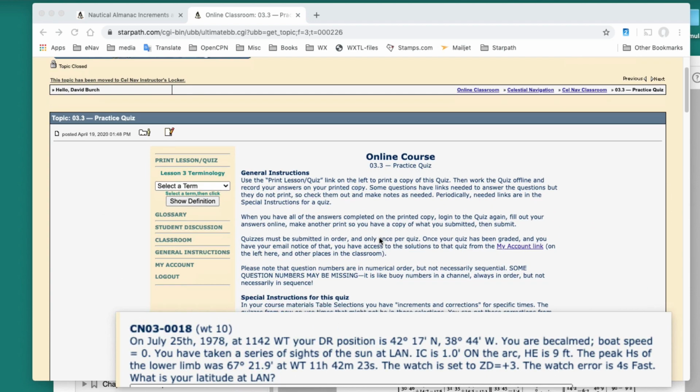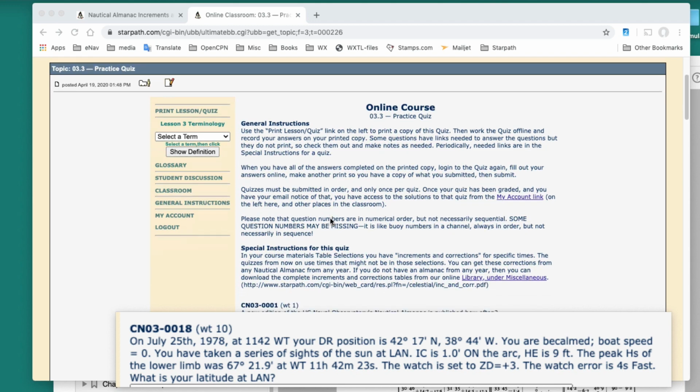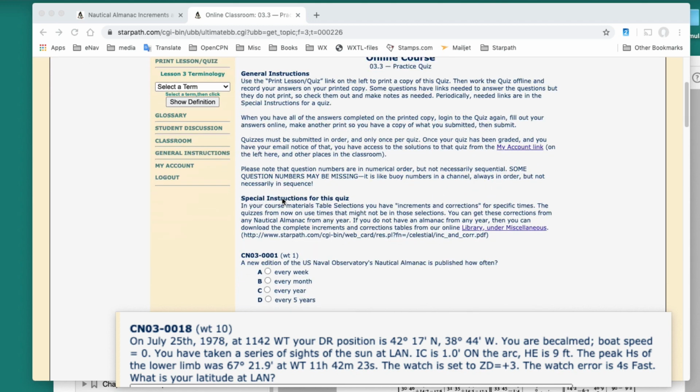I'll come back to it, but before I forget, I want to draw the students' attention to the special instructions for this quiz. You need to download the full set of the increments and corrections.